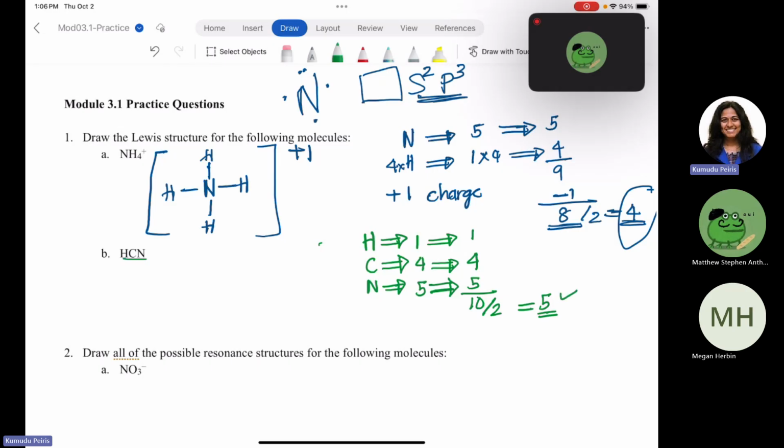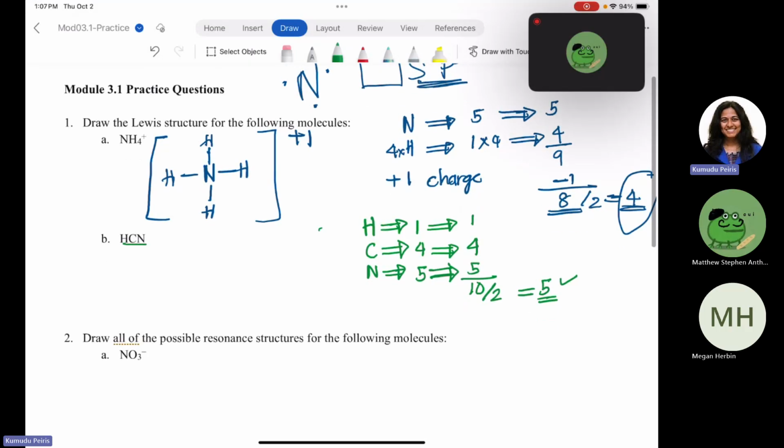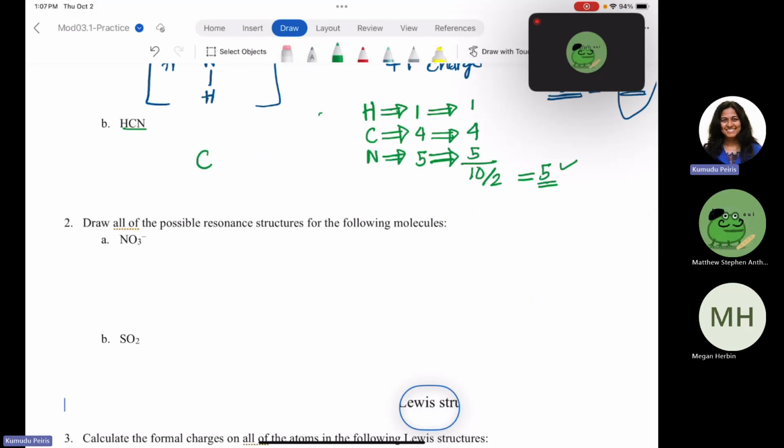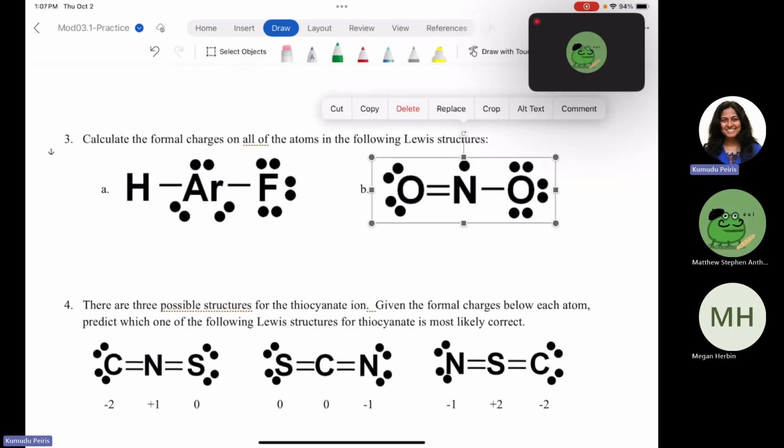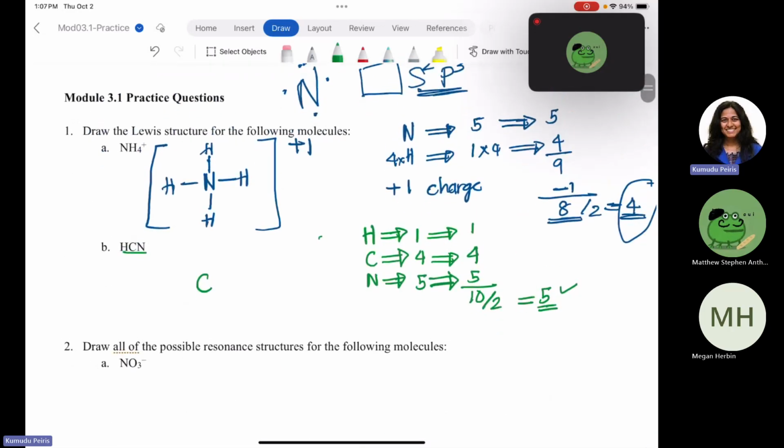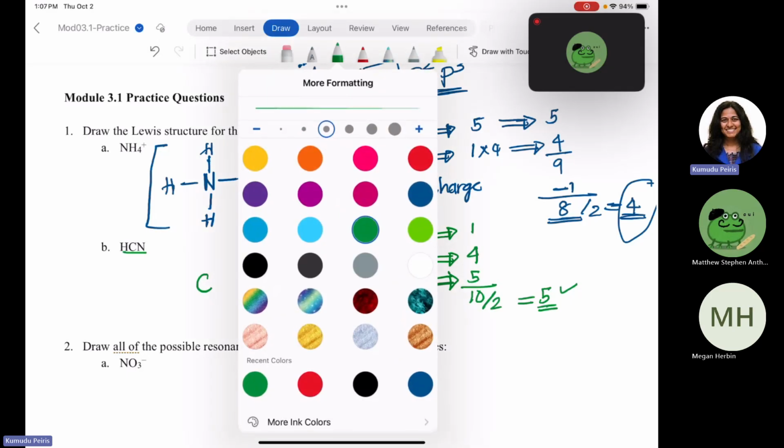Now I have 3 elements in the molecule. What must be chosen as the central atom? The most electropositive one will be the central one. Therefore, I would choose carbon. Now I connect the other atoms.